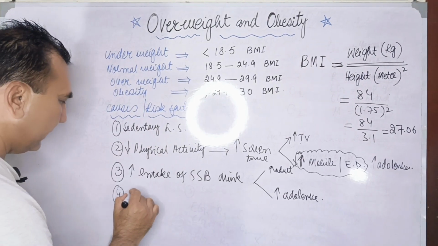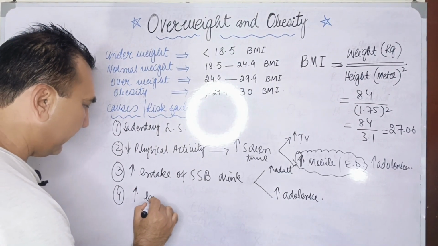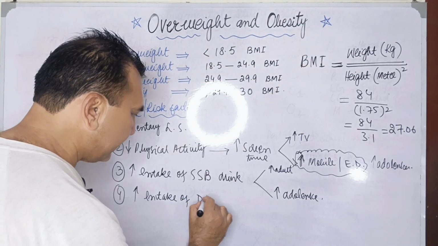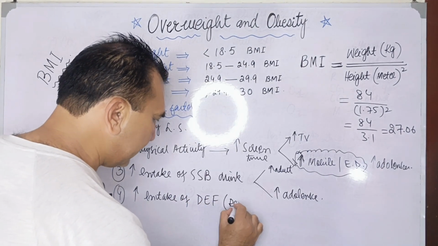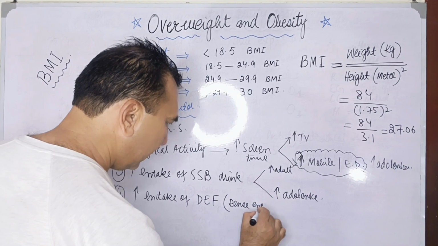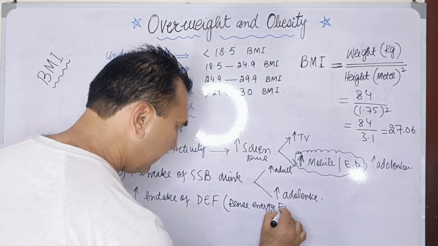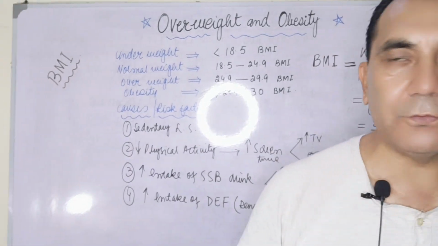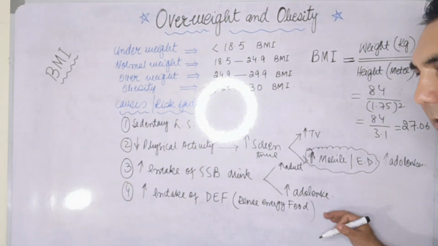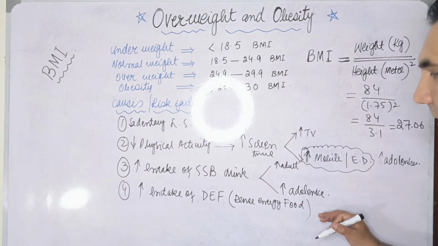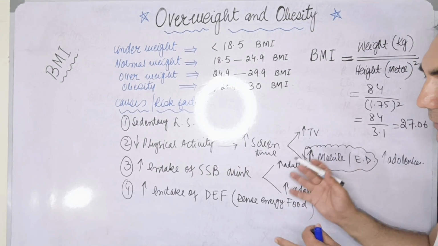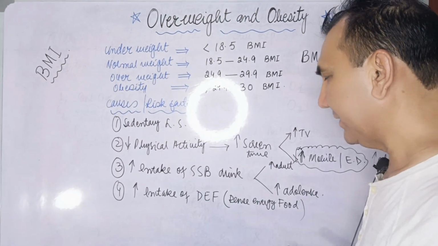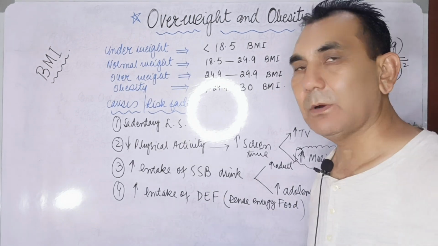And the next one is the increased intake of energy-dense food. Examples of energy-dense food are burgers and pizza, such types of food which are very dense in energy, providing energy and calories as compared to nutrients.